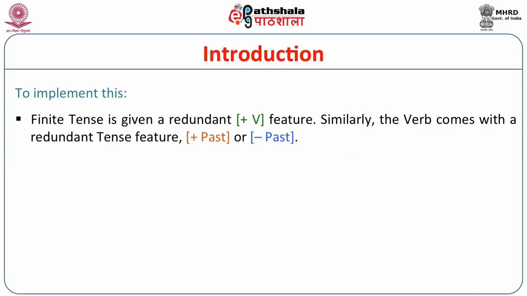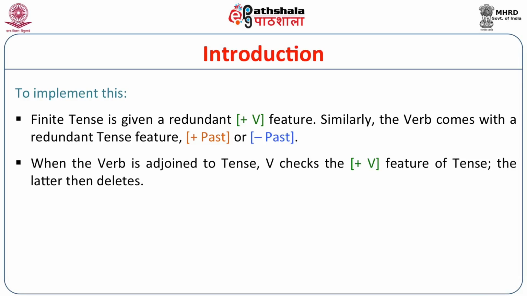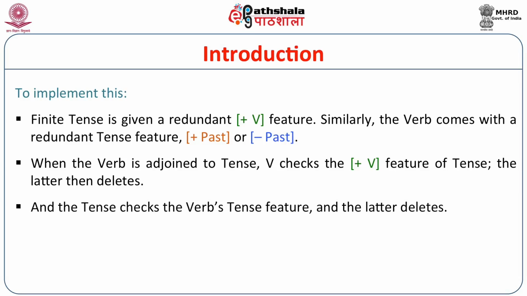Similarly, the verb comes with a redundant tense feature plus past or minus past. When the verb raises and adjoins to tense, the verb checks the plus V feature of tense and deletes it, because it is a redundant feature. And the tense checks and deletes the plus past or minus past feature of the verb, because there again it is a redundant feature.